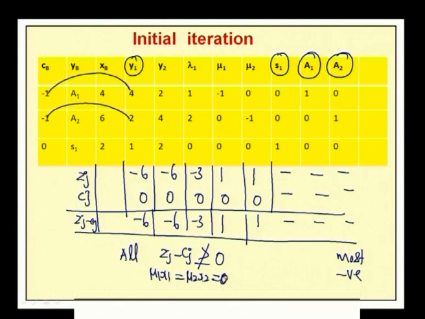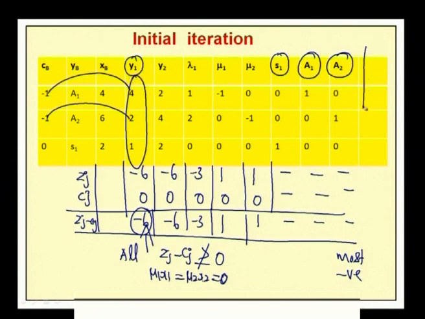Since mu 1 is not in the basis, we can choose x1 here. So, I can choose this variable, minus 6. The variable y1 enters the basis.